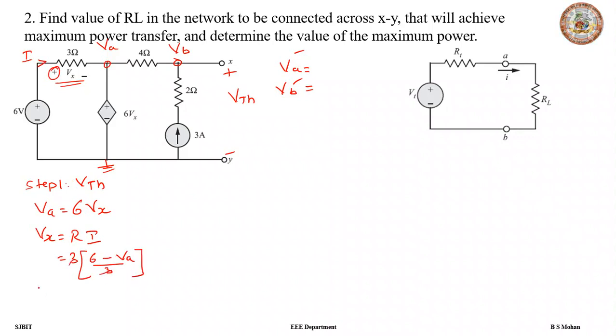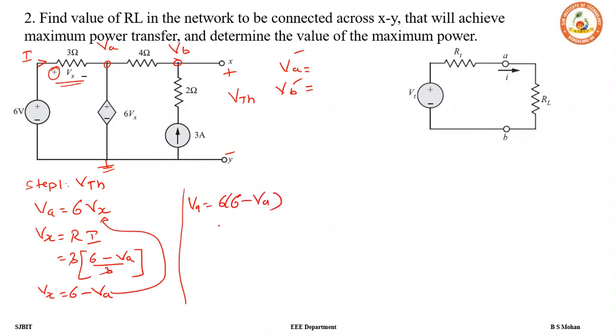So 3 cancels, and we have Vx equal to 6 minus VA. Substituting this value here, we get VA as 6 into 6 minus VA.